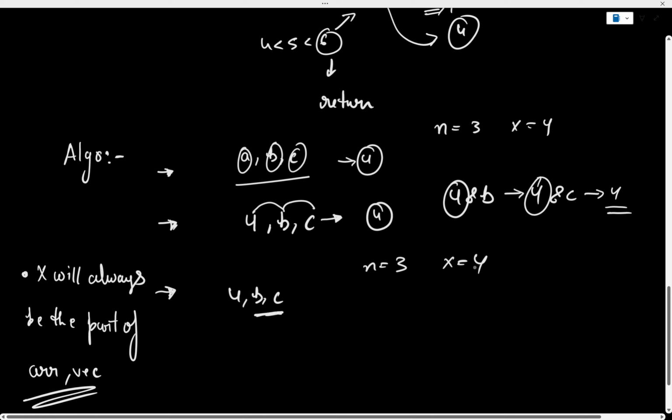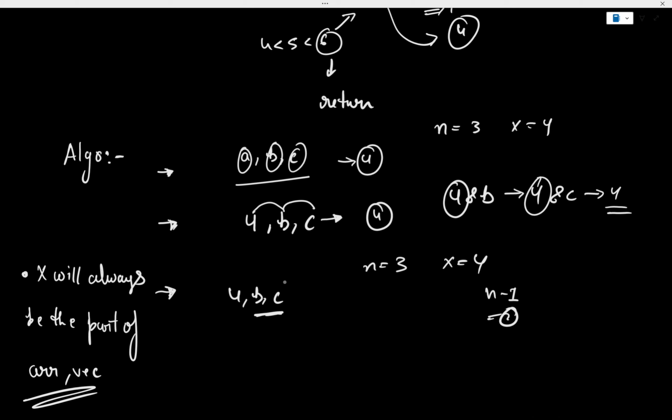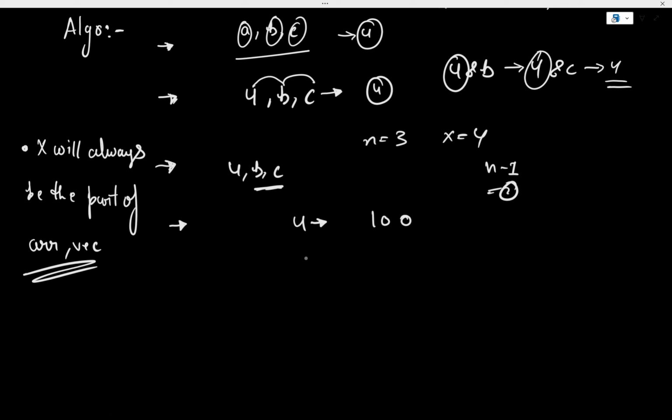Now we have to take a decision about the other n minus 1 elements, the other two. Let's make the binary representation of 4. This is how 4 looks, and we are doing an AND with b.